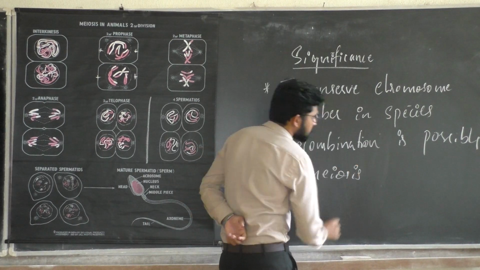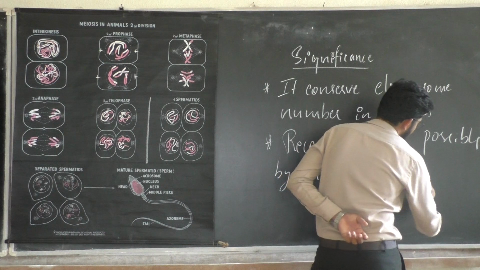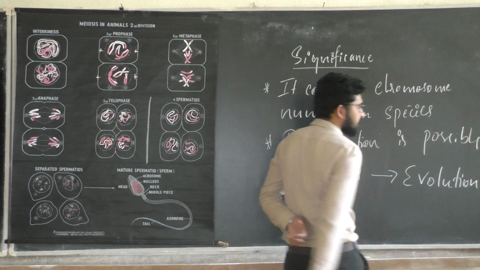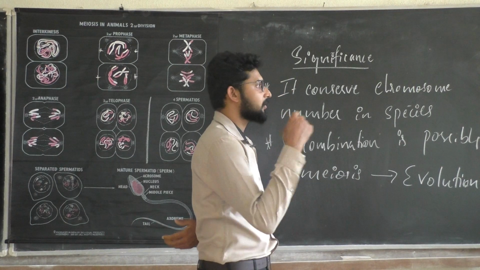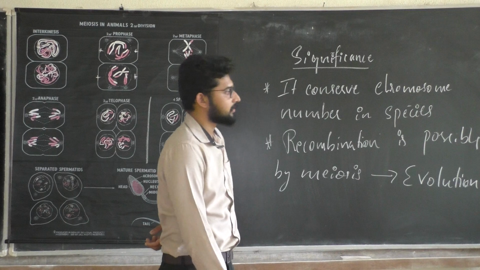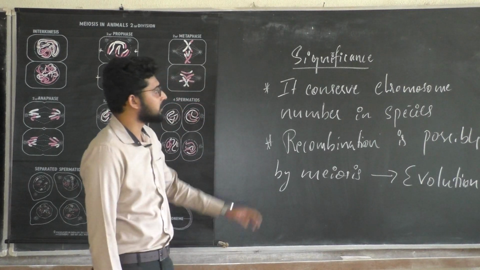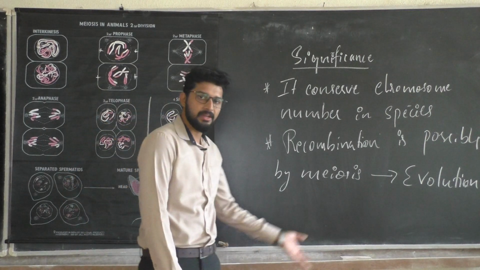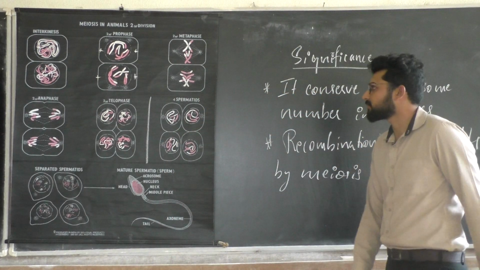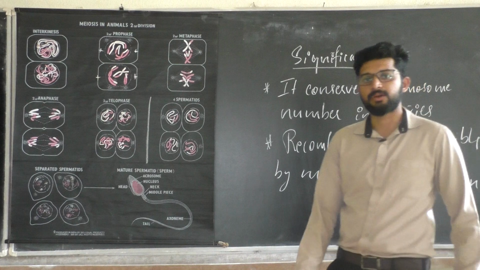This recombination even leads to evolution. Small changes in the organism according to their habitat, according to their adaptation, according to their parents' character, all will be possible by meiosis, which is leading to evolution. This is the significance of meiosis.